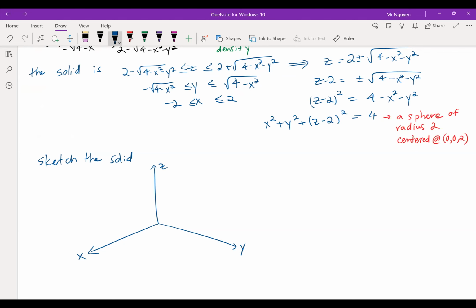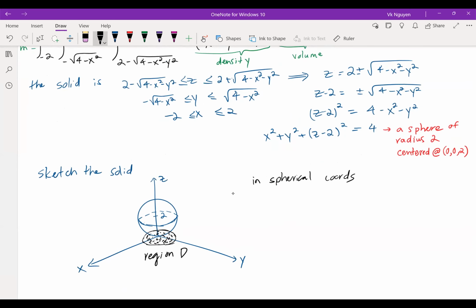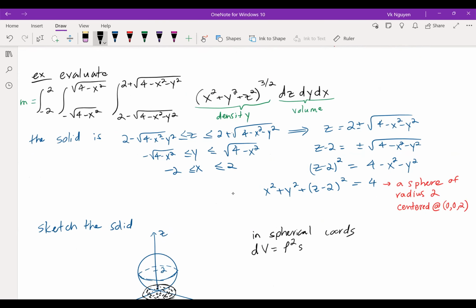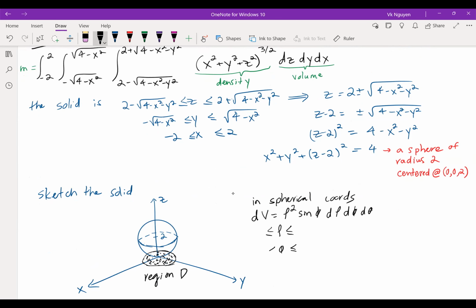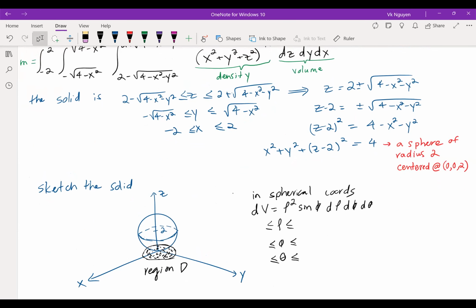Okay, x squared plus y squared plus z squared, that's rho squared, so that takes care of the density. It's the volume that we need to take care of here. dV, well, we just did it here, rho squared sine phi d rho d phi d theta. Where does rho go from? Where does the angle phi go from? Where does the angle theta go from? Once we have everything, we can do the setup and get through this problem.